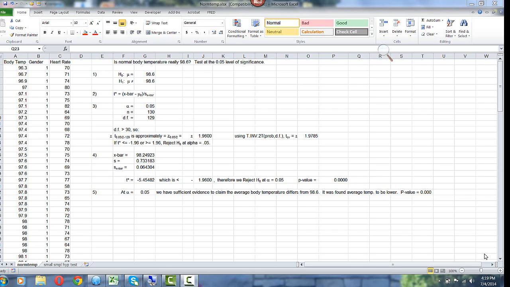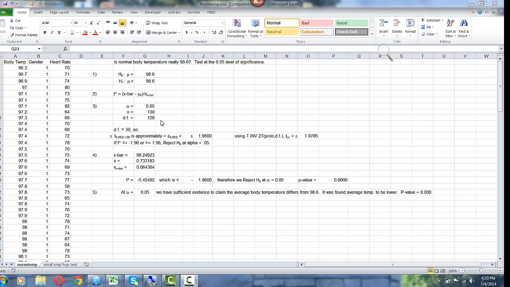That leads us to a t, and assuming normality here, we then have a t test statistic, which I call t star, equal to the sample mean minus the hypothesized mean divided by the standard error of the sample mean, so of x bar. That's what we identify as our test statistic. We won't put any numbers in there. We're just going to identify the test statistic formula.